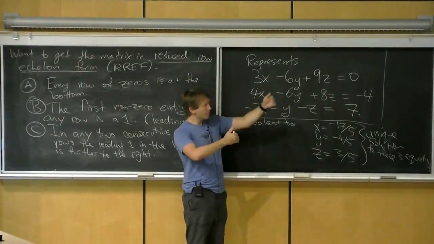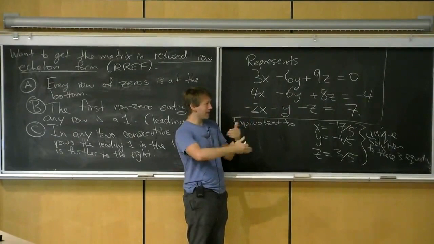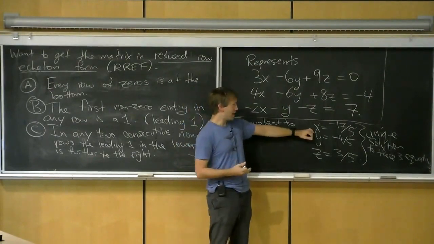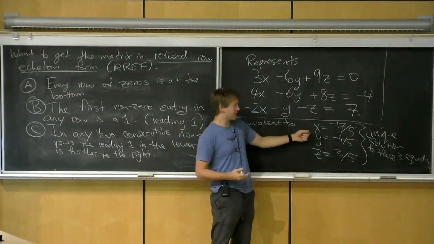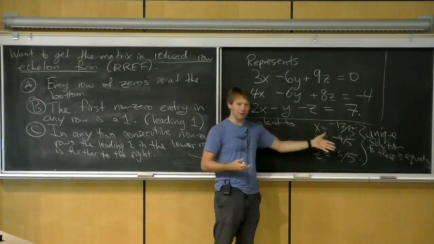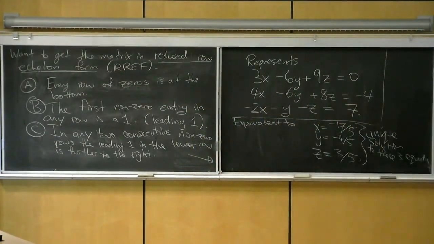And by doing this process, you manipulate it to get a final three equations where you can just read the numbers off of them, right? Because this equation is just saying 1 times x equals negative 17 over 5, right? So when you get a situation like this, you have a unique solution, right?